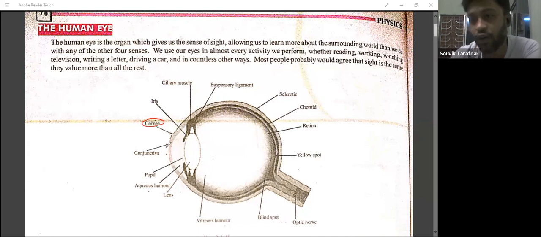That's why we can only give a donated cornea to someone, and if it is fixed in his or her eye, then the person will be able to see. If the cornea has a problem, light will not even fall on the eye, so there is no way you can see the image. Understood or not?